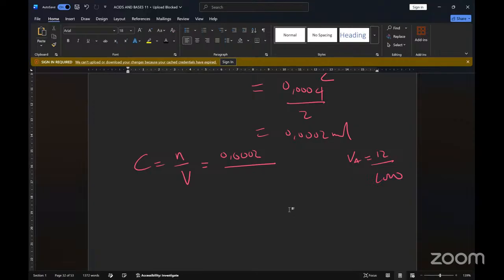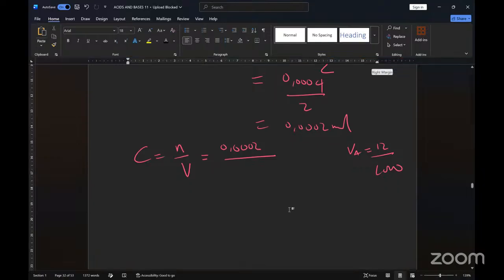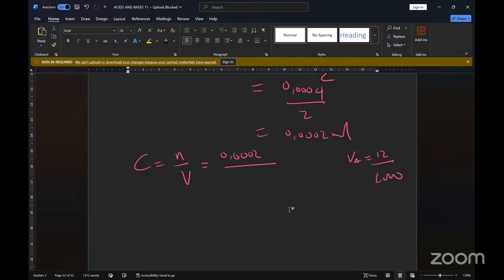Okay. That is 0,012. So we divide them: 0,0002 divided by 0,012.